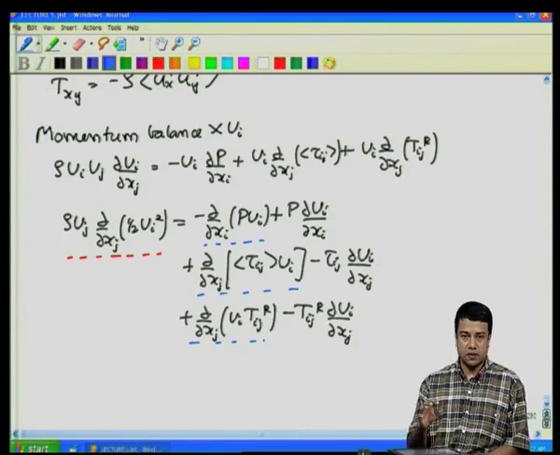So, if I write down the energy equation for a given volume of fluid, these three terms on the left hand side basically represent the flux of energy into or out of that volume. The first term, partial by partial xi of p ui, represents the flux due to the pressure forces.